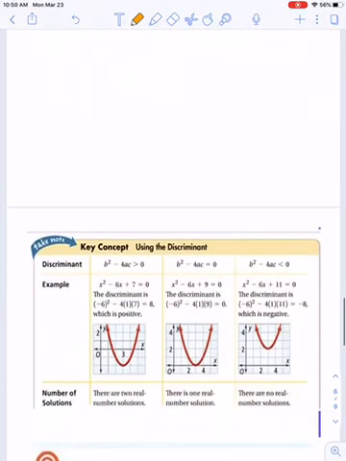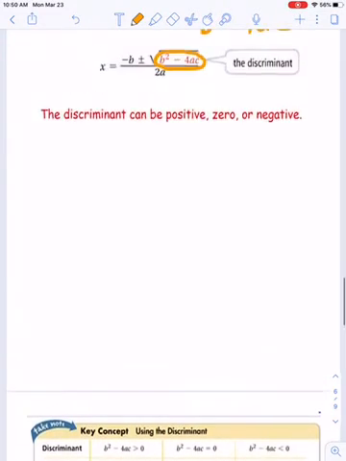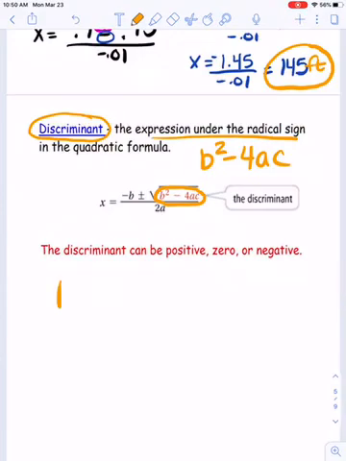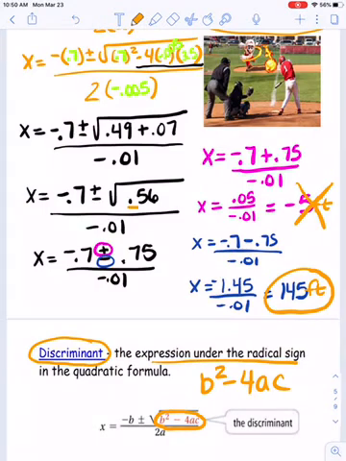Let's see how that works. So they say if the discriminant is positive, actually maybe we'll look up here. If the discriminant is positive, that means that we are going to have 2 solutions, right? And that's what we saw on all of these up here, right? Here the discriminant is 0.56, it's positive. We ended up having two solutions. One of them we crossed out, but that's okay.